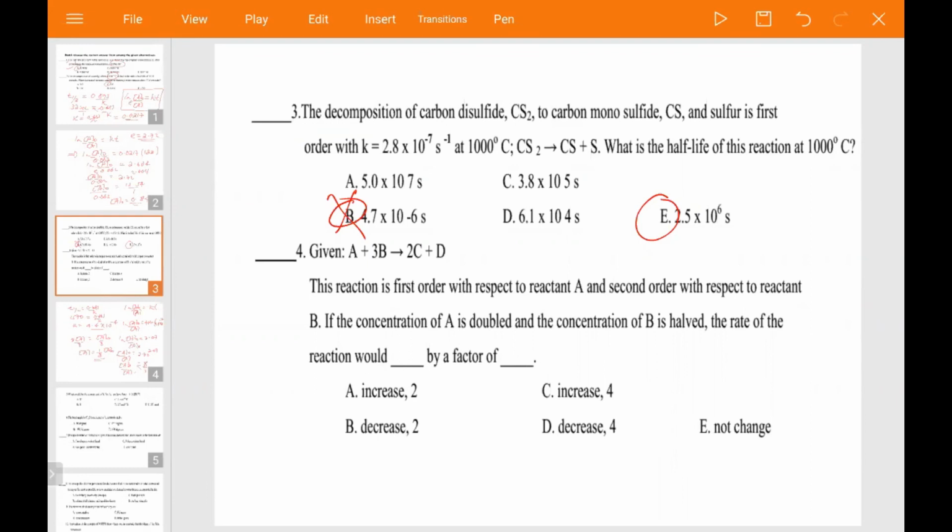This reaction is first order with A and second order with B. If A is doubled and B is halved, the reaction would dash by a factor of dash.